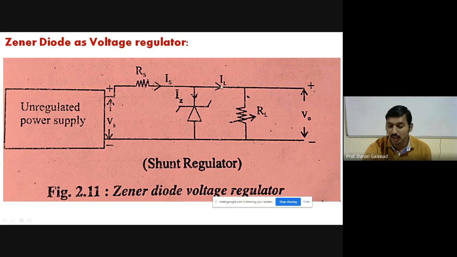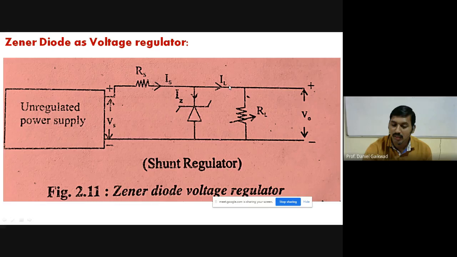IL means load current. If it is increased, then there is a decrease in Iz, so that Is from the unregulated power supply is constant here.